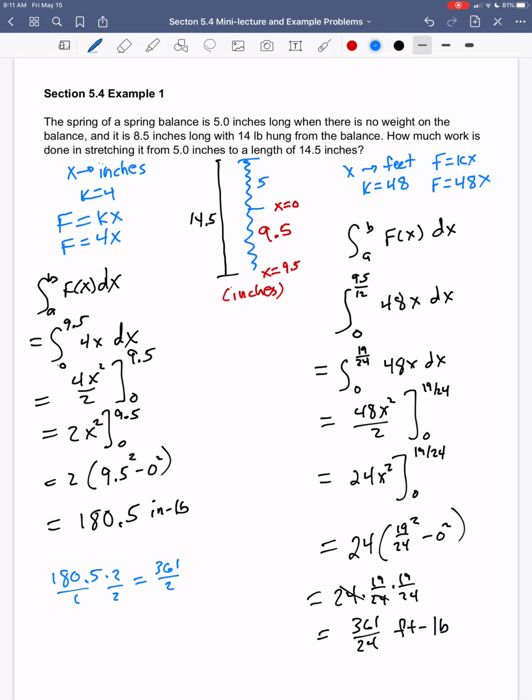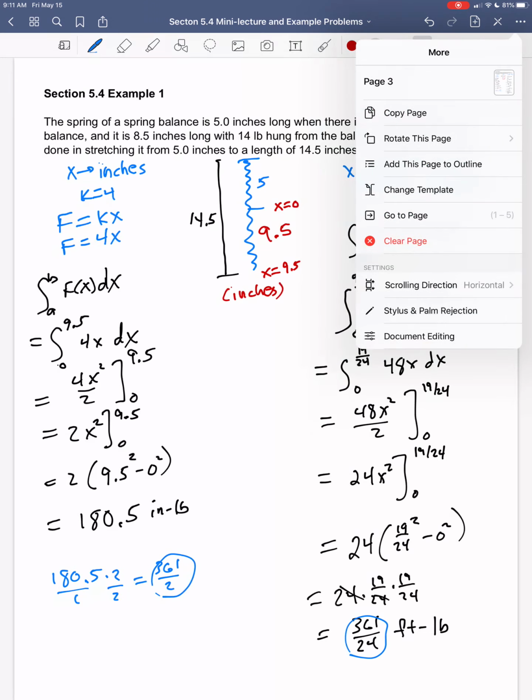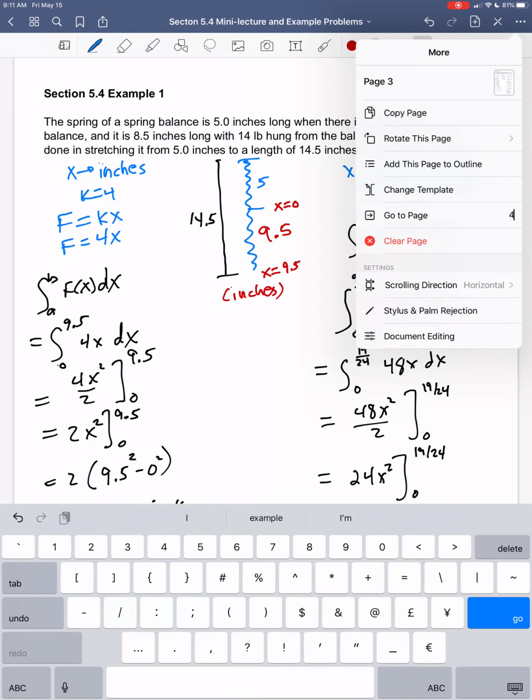So if I divide by 12, that's putting another 12 in the bottom, and I get from that 361 over 2 to 361 over 24. So it's really not that hard to convert from inch pounds to foot pounds, but we see that it works out either way here if I do the problem like that. So that's one type of work problem that we can solve with an integral. We can do stuff with springs.